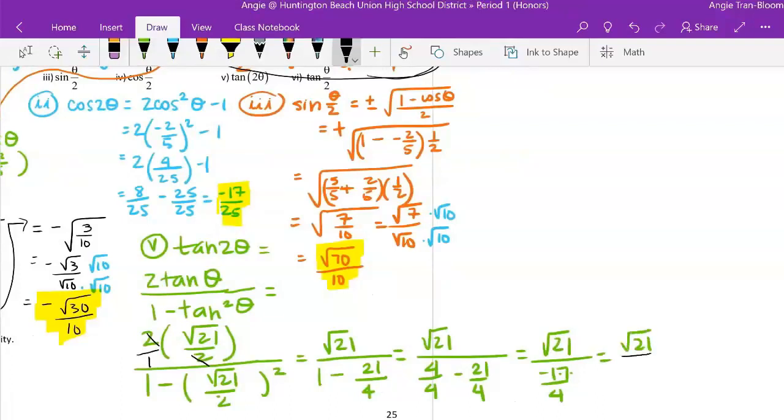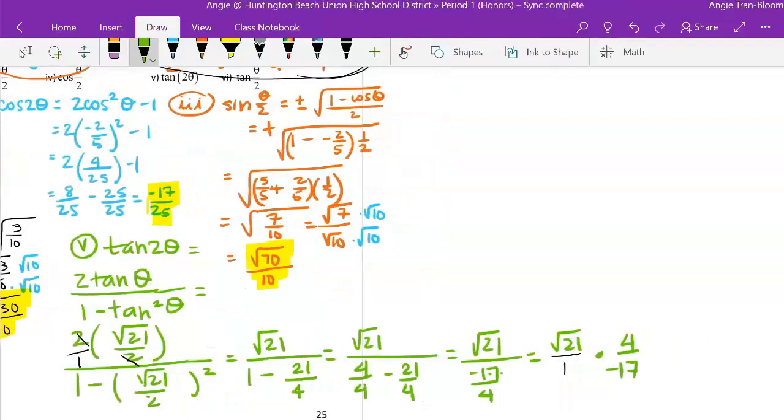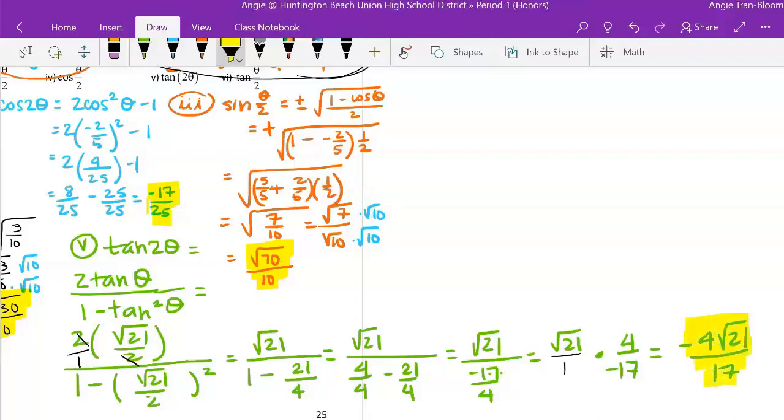I will make the numerator over 1, okay? Times the reciprocal, which is 4 over negative 17, or you can put the negative in the front. Then from here, I will have negative, I'm going to put the negative on the top, 4 rad 21 all over 17. And this is as far as I can go in terms of simplifying, because 21 is 3 times 7, and that's not going to help us out at all, okay?